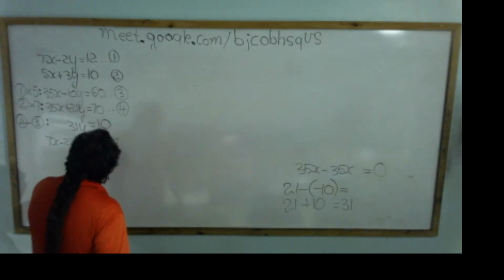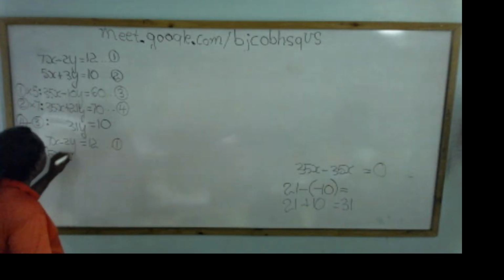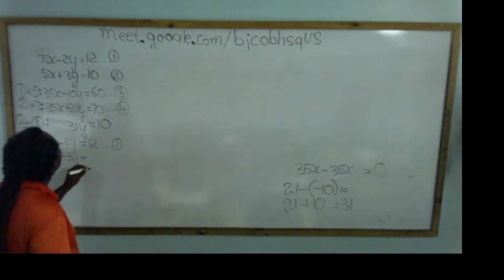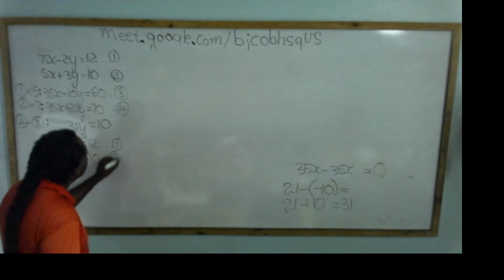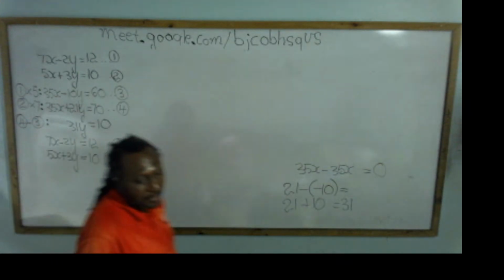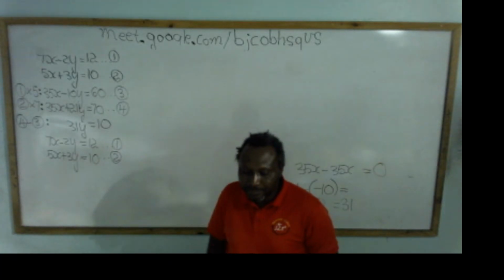Then we have 5x plus 3y, and that is equal to 10. And that is your equation 2. Now, for the person who asked why we would do that, I need you to pay special attention.